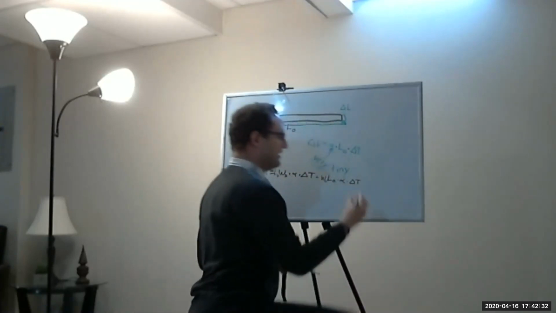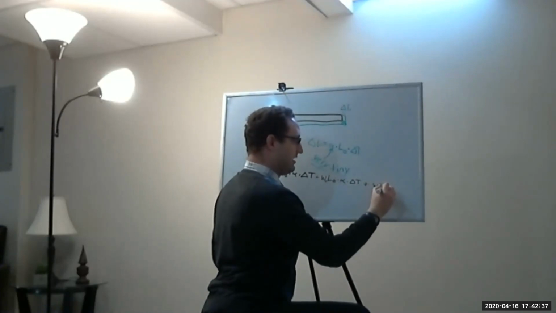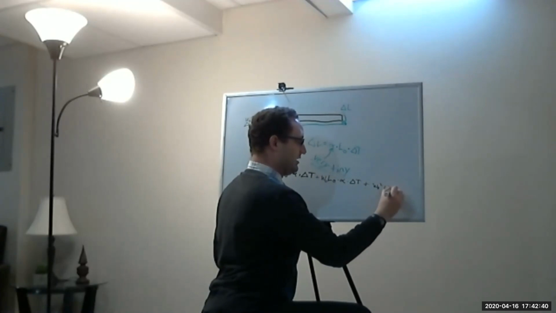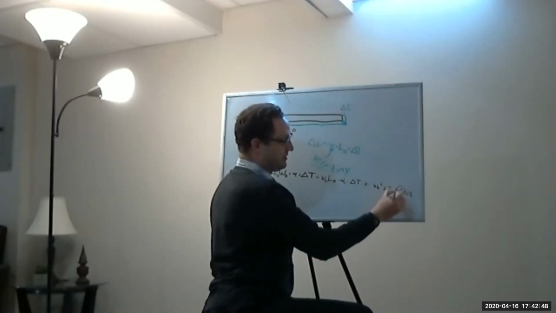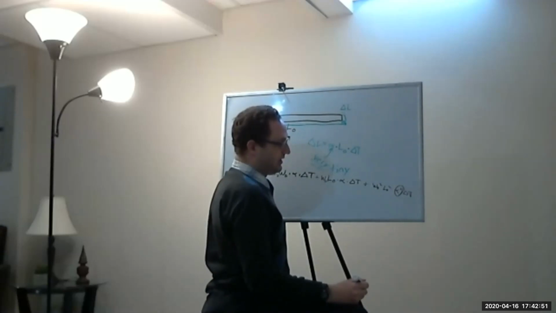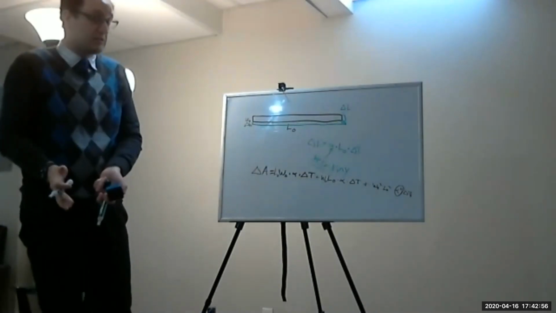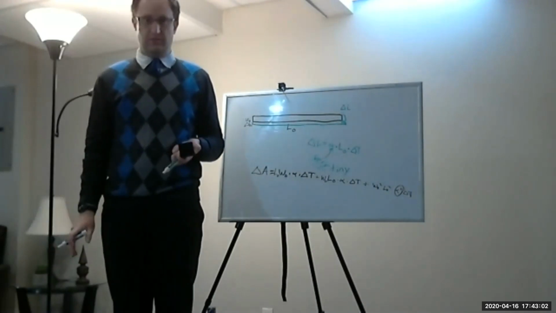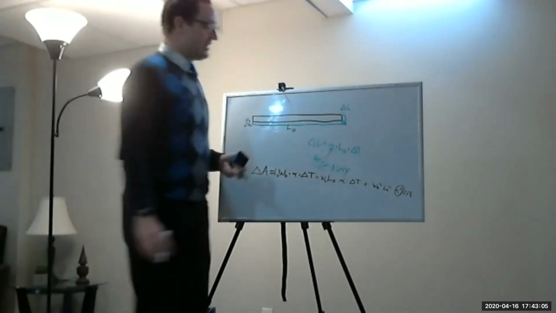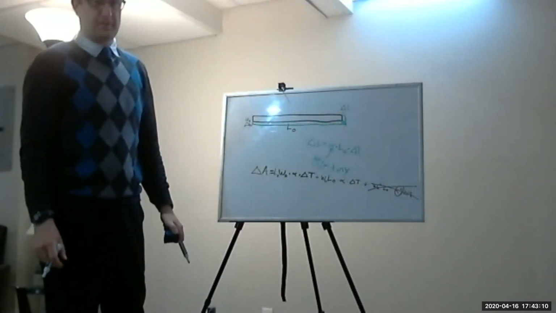And I get something on the order of plus W naught times L naught times alpha squared delta T squared. Uh-oh. This is where things go screwy. If alpha is already something times 10 to the negative 6 or lower, then alpha squared is going to be something times 10 to the negative 12 or lower. And we end up saying that we can just ignore this.